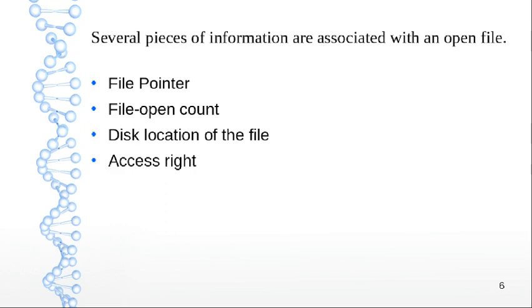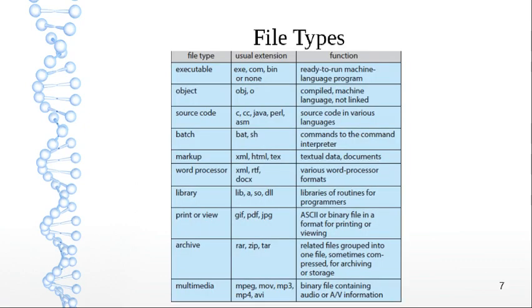The last one is the access rights. Each process opens a file in an access mode. This is stored in the per-process table, so the operating system can allow or deny subsequent input-output requests.